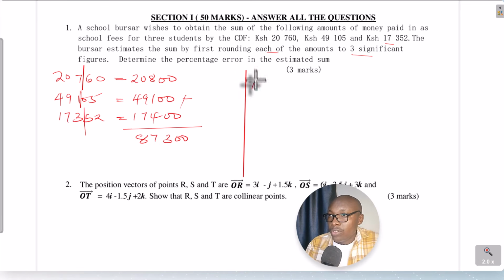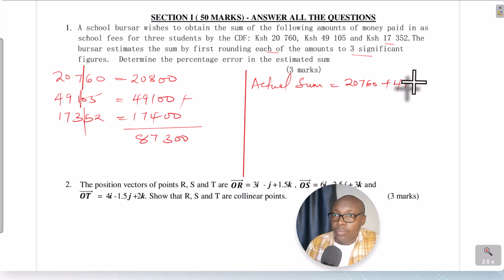Now, what about the actual? The actual sum, you simply use these figures that are here. So 20,760 plus 49,105 plus 17,352.